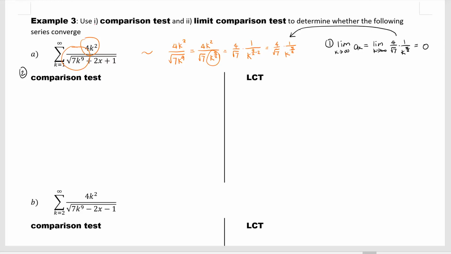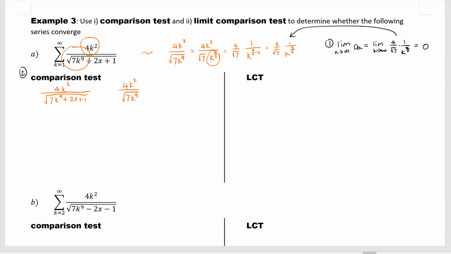Next, the comparison test. We want to compare our function with this guy, which we already know. So that is 4k squared over 7k to the 9.